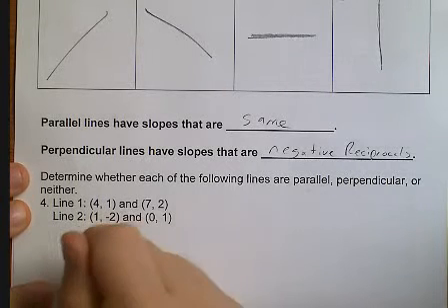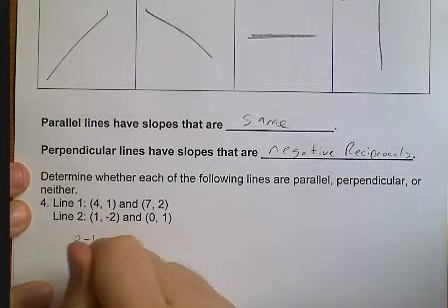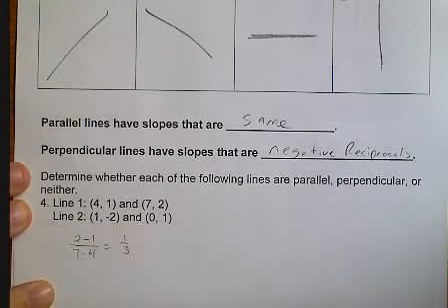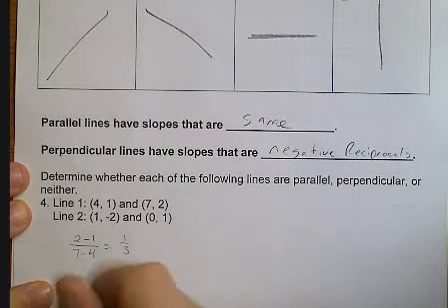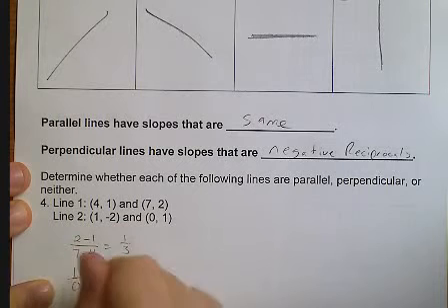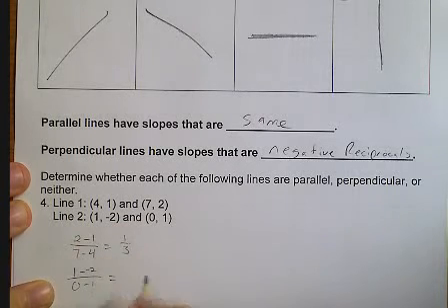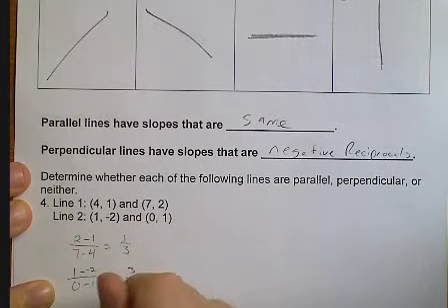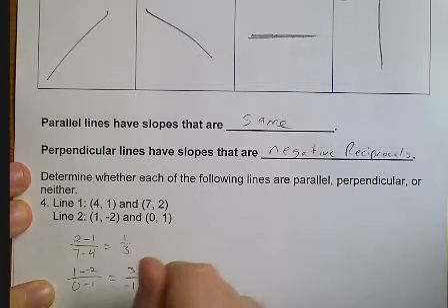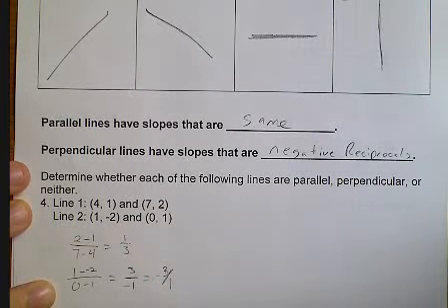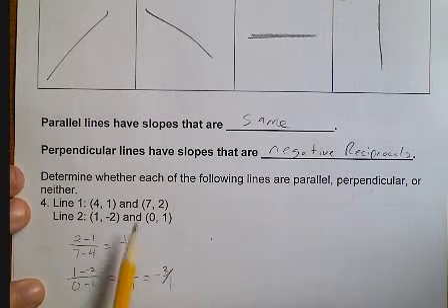2 minus 1 over 7 minus 4 is 1 over 3. That's for line 1. For line 2, 1 minus negative 2 over 0 minus 1. 1 minus negative 2 is really 1 plus 2, which is 3. 0 minus 1 is negative 1. So this equals negative 3 over 1. So we look at these, and I go 1 over 3, 3 over 1.